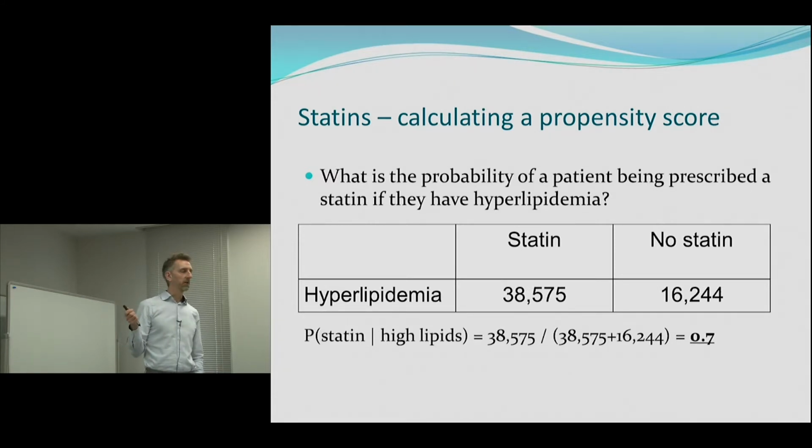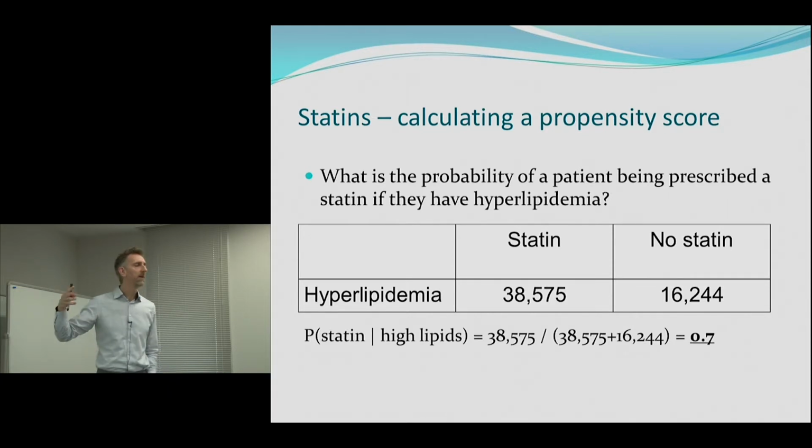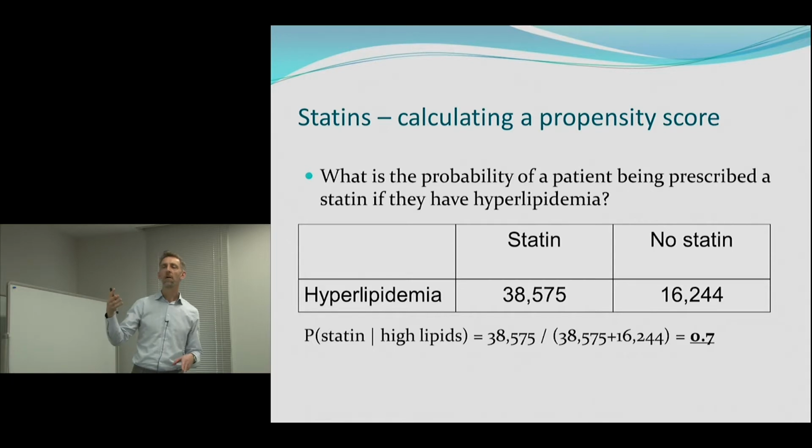If we imagined that having high lipids was the only factor in the world that influenced whether or not you got a statin, then we could very simply calculate the probability of being prescribed a statin if you have high lipids. If you imagine nothing else influences that decision, just having high lipids, it would be this very simple probability equation here.